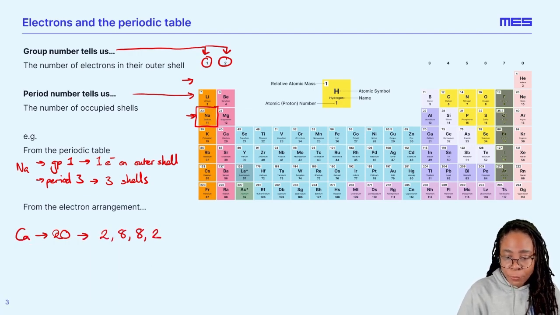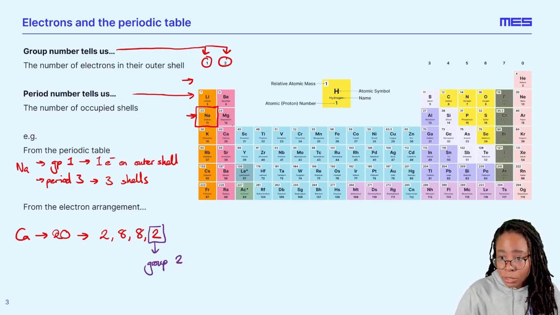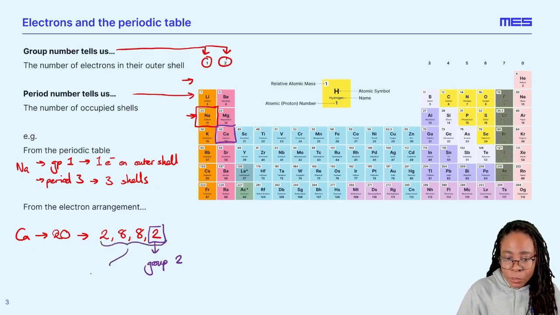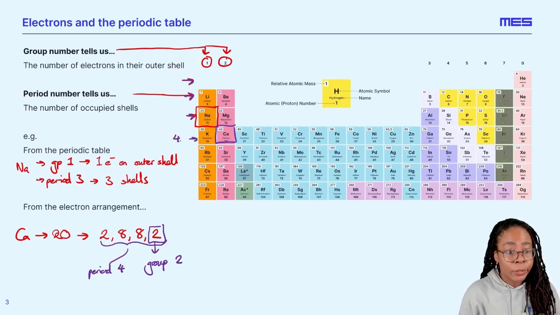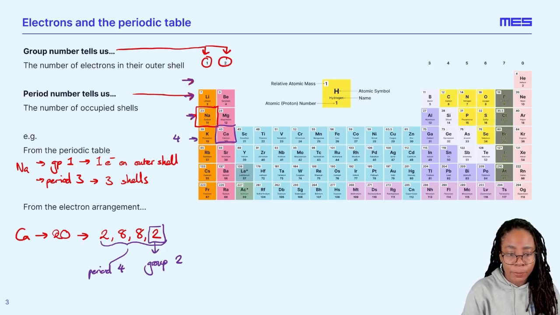From this electron configuration, we can see it has 2 electrons on its outer shell, so it would be in group 2 of the periodic table, which luckily matches up, and it has 4 occupied shells, telling us that it would be in period 4, aka the 4th row down, 1, 2, 3, 4. Wonderful, exactly as it should be.